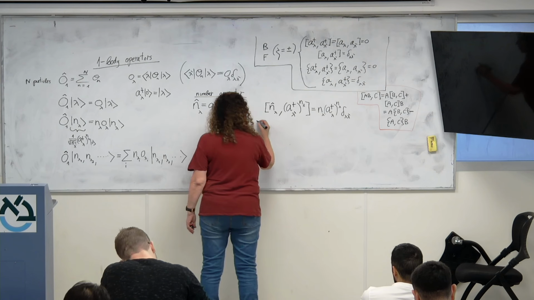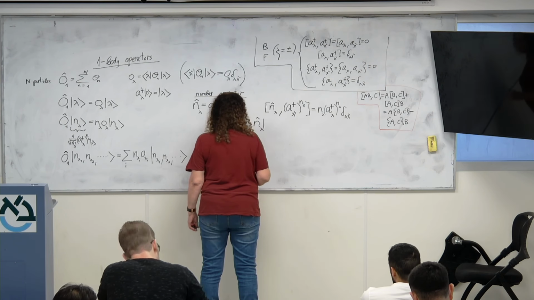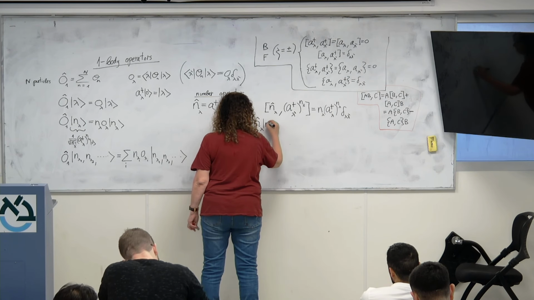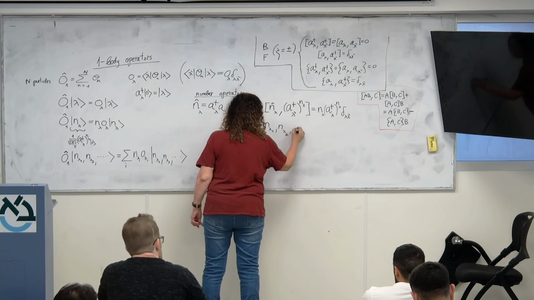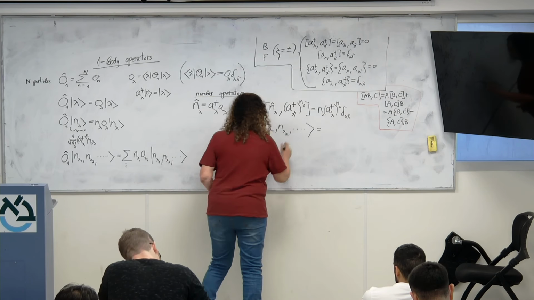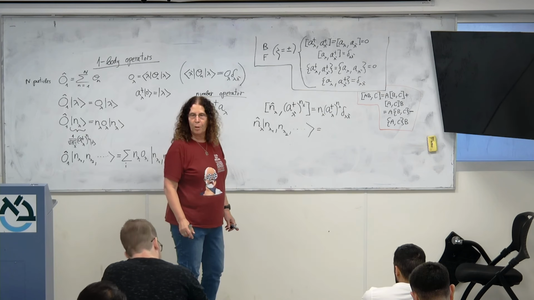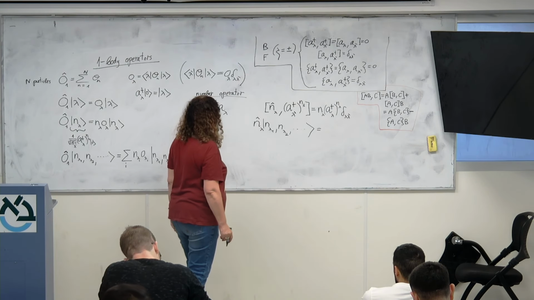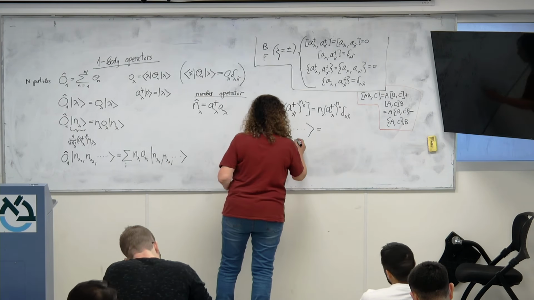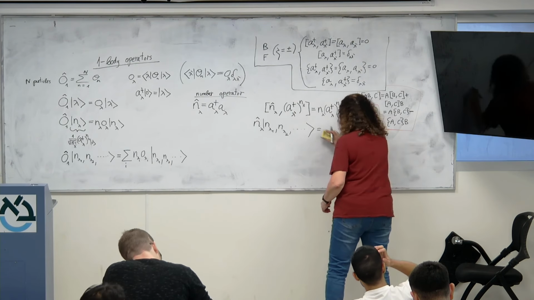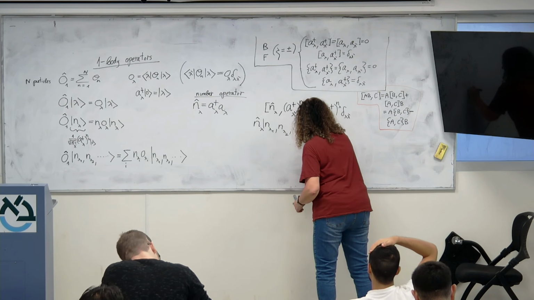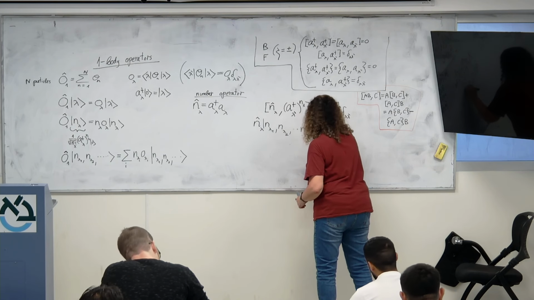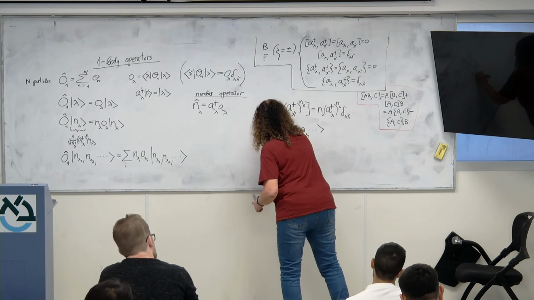If we now take n_λ and act with it on a general Fock state with occupations of the various quantum numbers, let's be a bit more specific and assume that somewhere here we have λ_i.